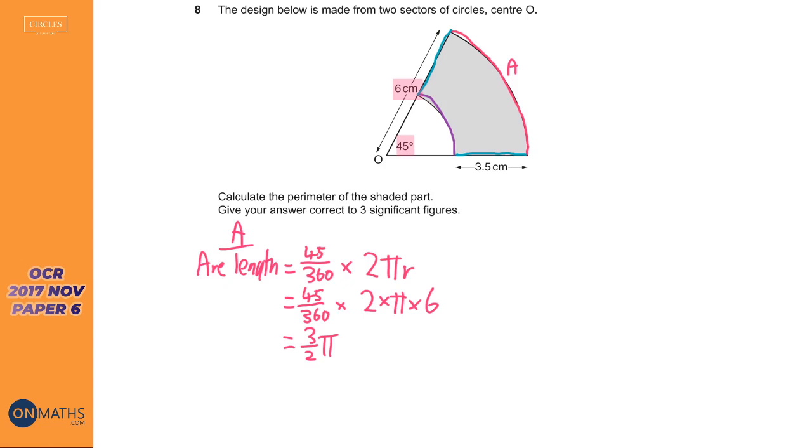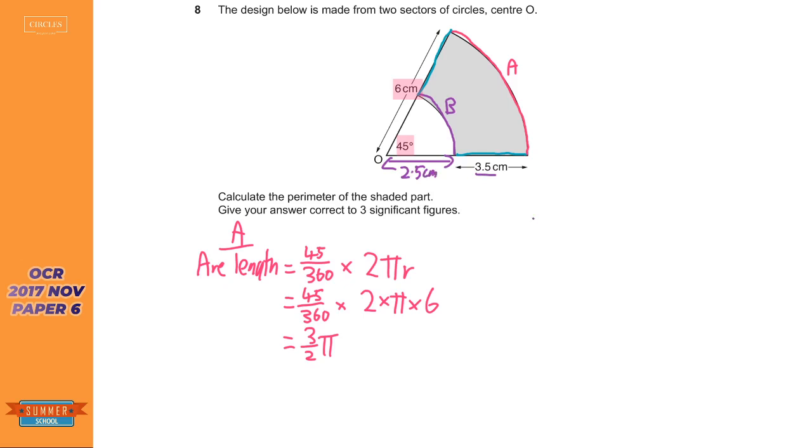Okay, next we're going to work out B. Now for B we're not given the radius, but we can work it out because it's going to be 6, which is the full radius of arc A, take away this 3.5 here, which would be 2.5 centimeters.